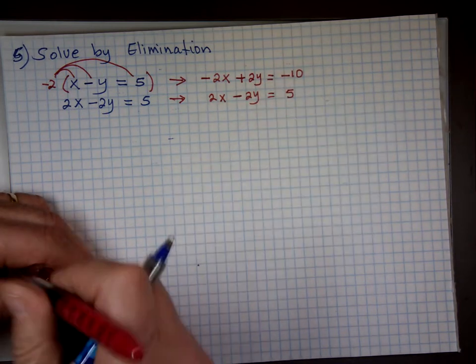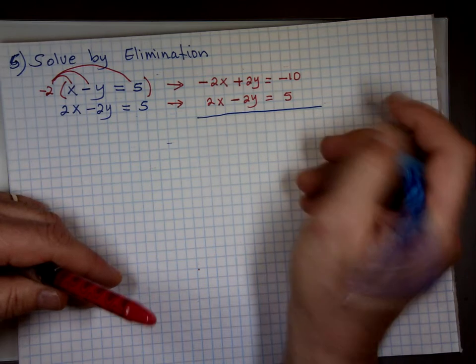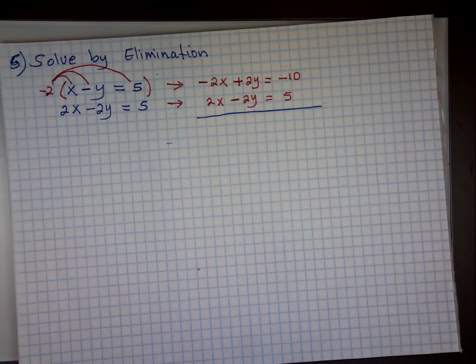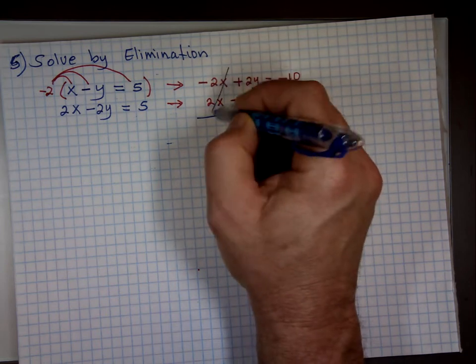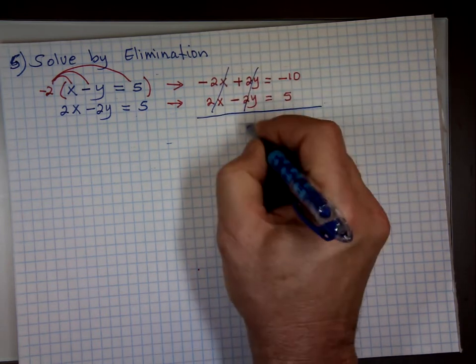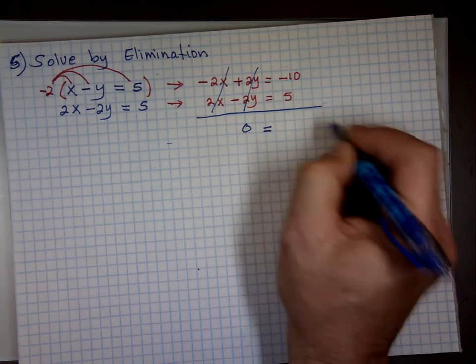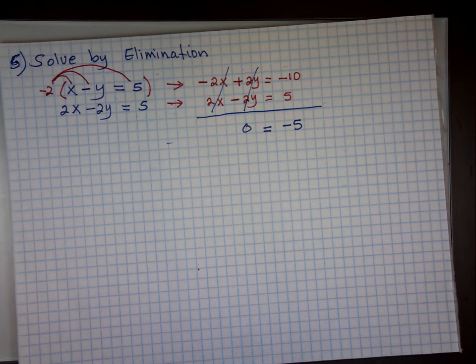I told you before, you should be thankful if you have something like this. What's negative 2x plus 2x? Cancel. What's negative 2y minus 2y? So we have 0 on this side. What do we have on that side? Negative 5. How often is 0 equal to negative 5? Never.